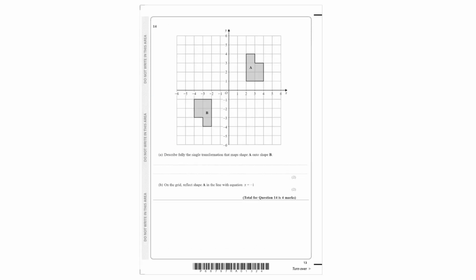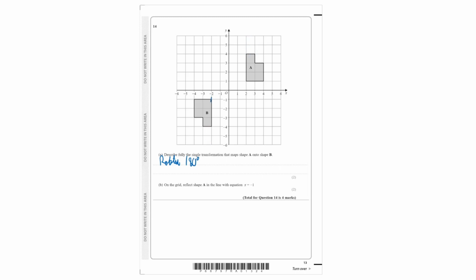Question 14. Describe fully the single transformation that maps shape A onto shape B. Let's imagine this is the head of shape A and this is the head of shape B. We can see that it turns 180 degrees to face downwards. So we can say rotated 180 degrees, and we have to name the point at which it rotates about.